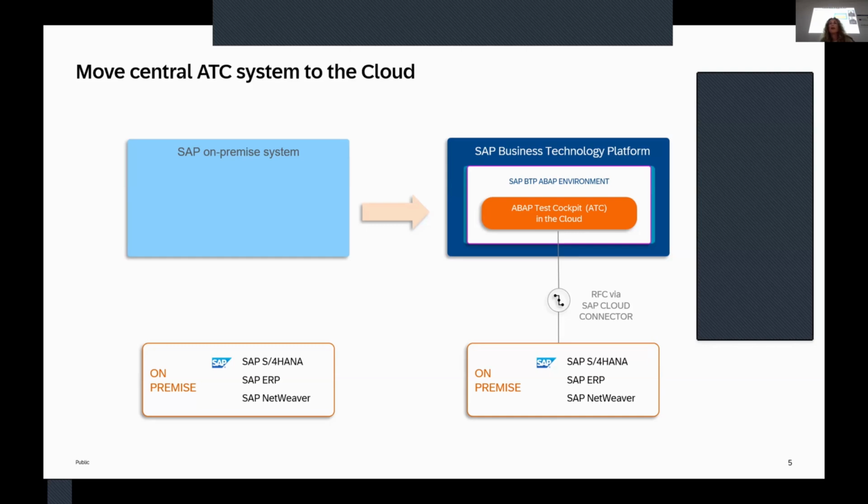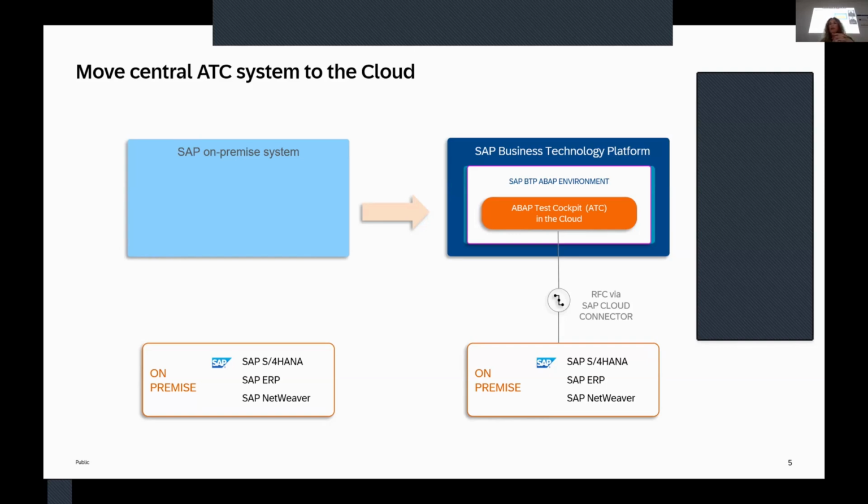If you think about how central ATC works, it can only check the systems of the same release or lower releases. And every time you get a newer system into your landscape, like for example S/4HANA 2023, then you need to also upgrade your central ATC system in order to be able to check this system with the central ATC hub as well.